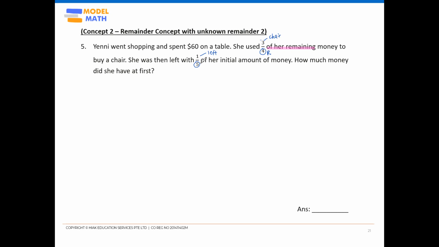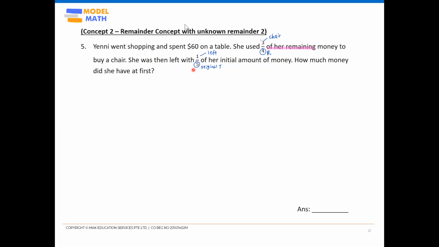So your 5 units have to be referring to the original total amount of money. As we can see, the denominators both refer to two different things. This is the remaining money, this is the total. Hence, that's why we cannot make the denominators the same.